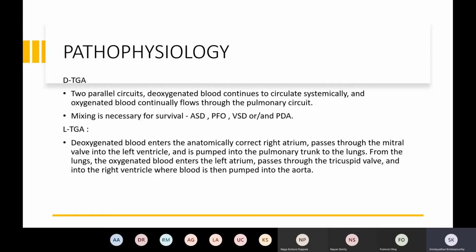Still, the normal circulation happens, and oxygenated blood can go across the body normally. So the presentation doesn't necessarily happen in the neonatal period. The presentation happens later in life because the right ventricle cannot cope with the systemic pressure.